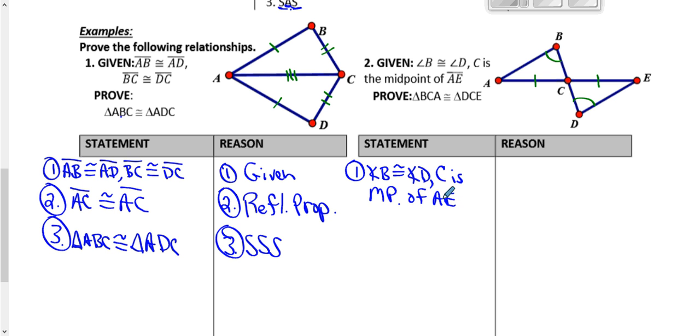You guys see how I got all my given, I can abbreviate it, but I have it all there. Sometimes that happens, I guess. Just fix that. Statement 1, reason 1.